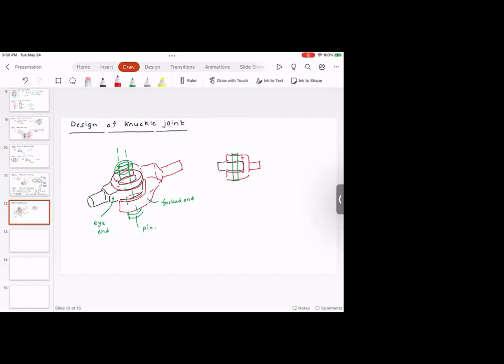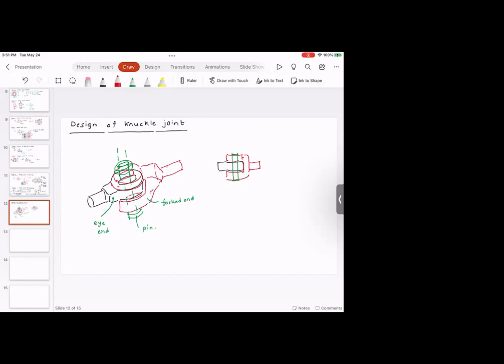If you look at hinges, they also have the eye end, they have the fork end, or they could have multiple fork ends, and they are attached to one another using this pin that could either be tapped or held in place by some type of joint method. So how do we design? Just like Cotter joint, we are going to design step by step, looking at different types of failures.